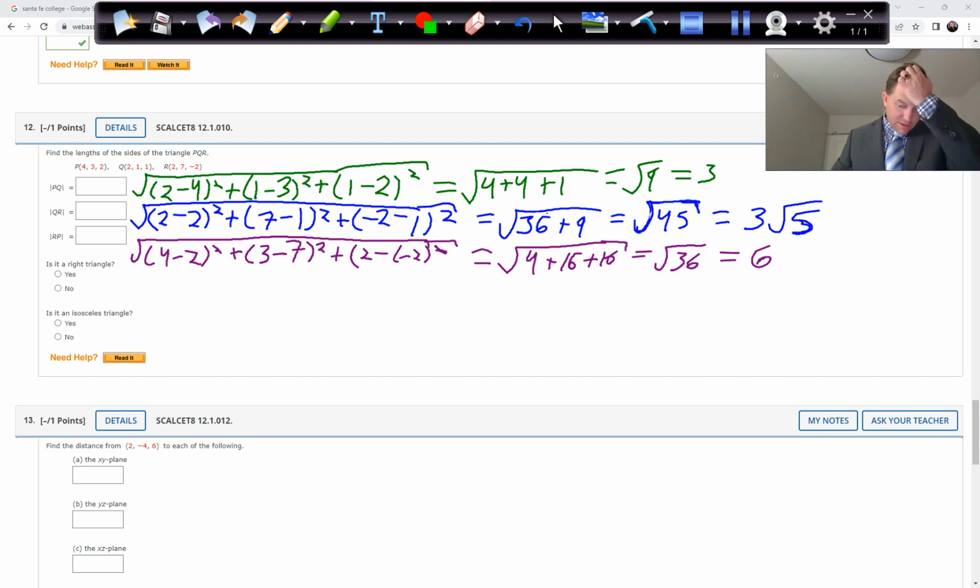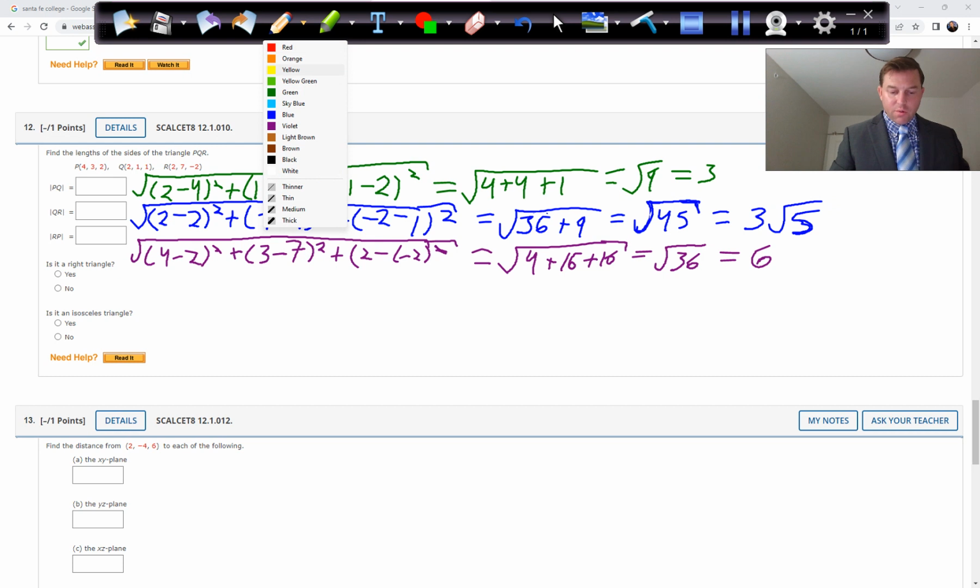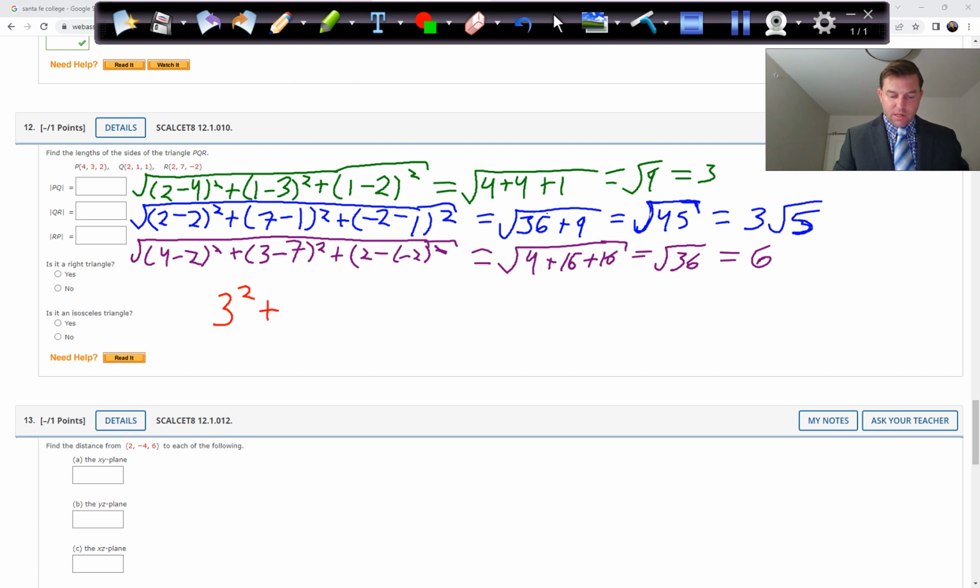Okay, is it a right triangle? To see that, we have to square the two small sides and see if they add up to the square of the largest side. So the largest side is 6. We're just checking the Pythagorean theorem in essence. So we're going to check, is 3 squared plus 3 root 5 squared equal to 6 squared.